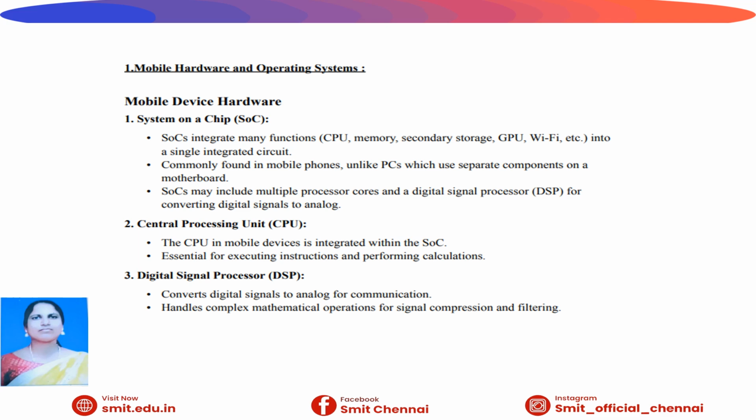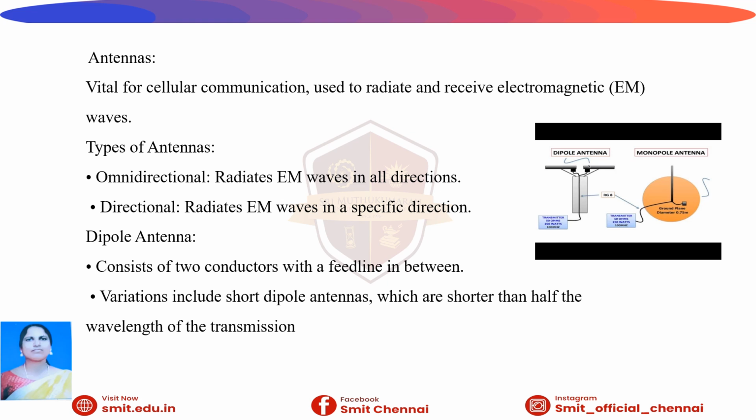Next, we are going to see about antennas and transmission basics. What is an antenna? An antenna is a vessel for cellular communications to radiate and receive electromagnetic waves. It contains two types, that is omnidirectional and directional. A simple example: phones rely on antennas to talk to the cell towers.